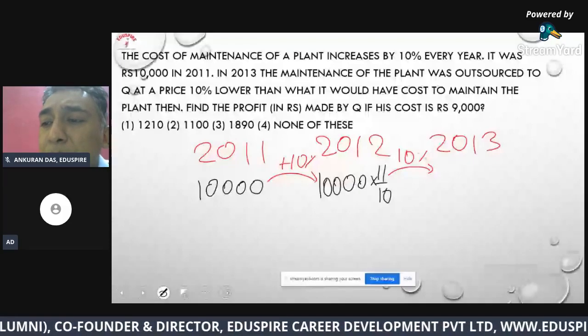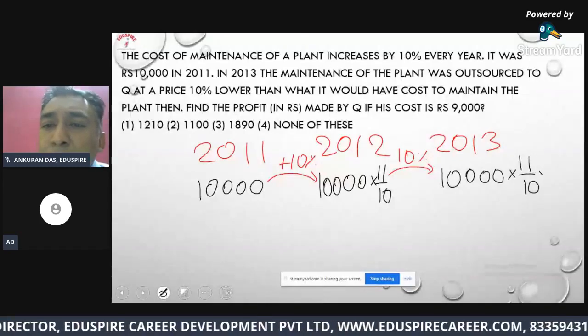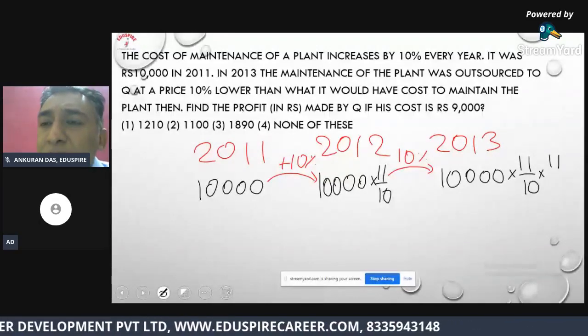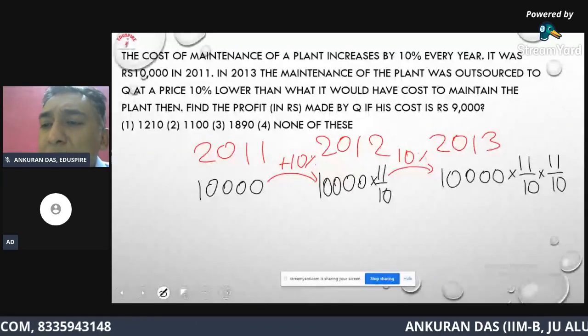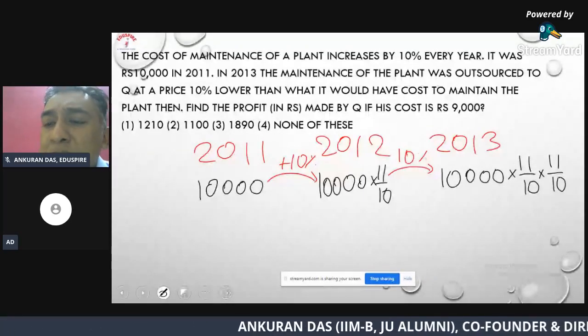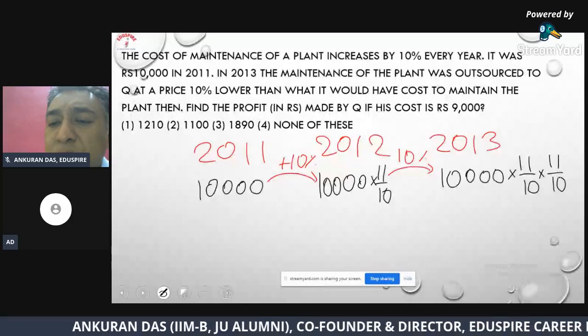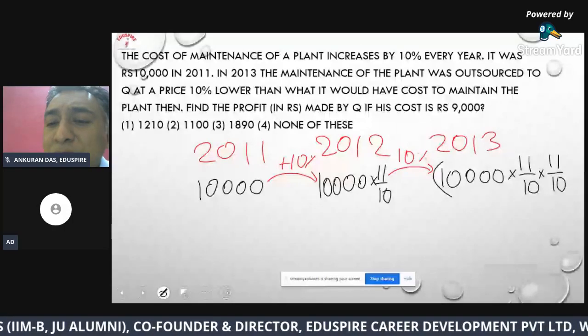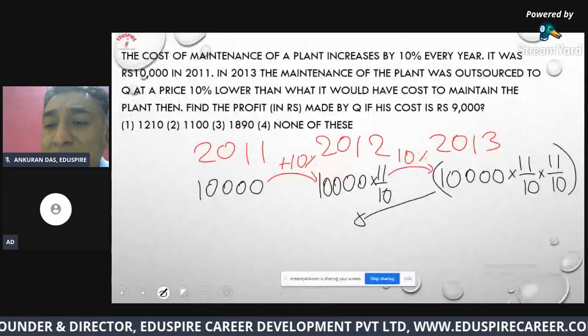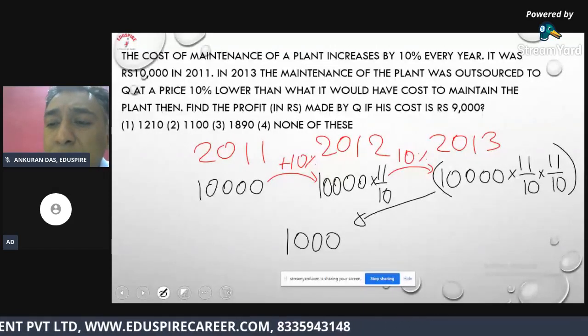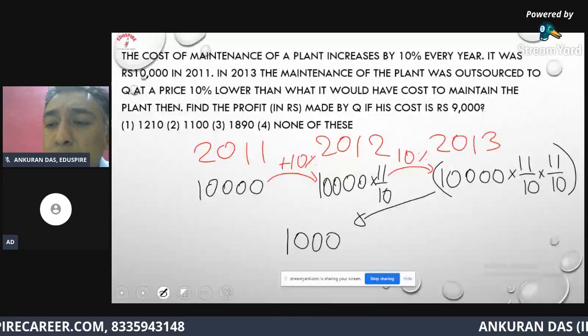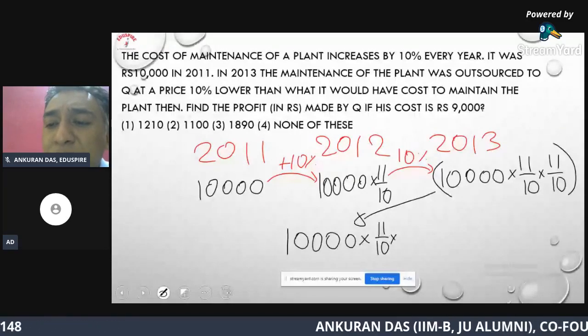right? Now you see they have said if they purchase it or outsource it from Q, then it would have been outsourced at a cost which will be 10% lower than this, which means it would be 90% of what it would have become, which means the outsourcing price would have been 9/10 of this, right?